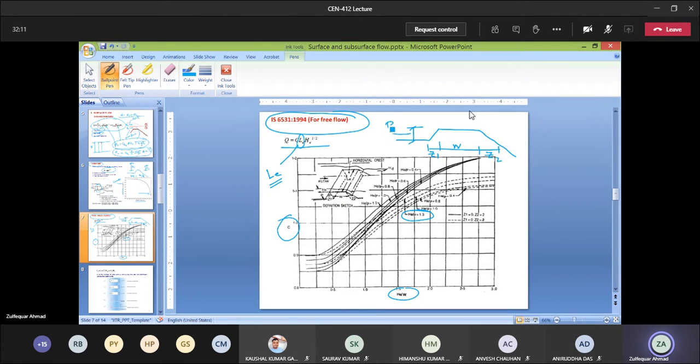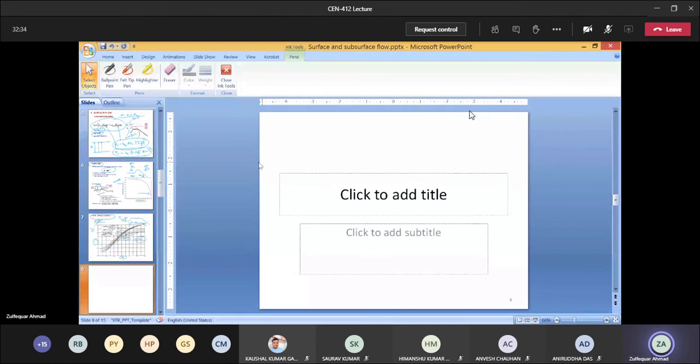So this is the nomograph, and again for the different values of Z1 and Z2, from this you can get the value of C. So you can invoke this equation also for getting the discharge passing through this structure.